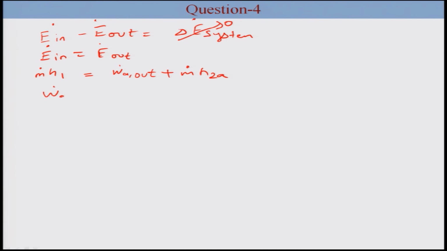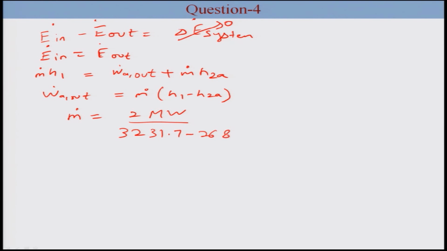So work output is equal to m dot times H1 minus H2A, and from this m dot is equal to 2 megawatt, which is the work output, divided by 3231.7 minus 2682.4, in kJ/kg. And for making units consistent, 1000 kJ per second is equal to 1 megawatt.